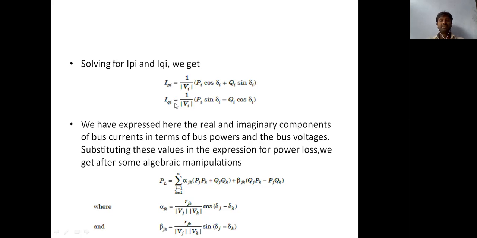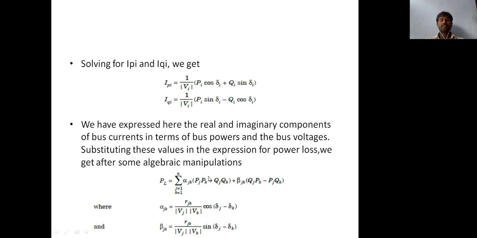So in this expression, the real and imaginary components of the bus currents are in terms of bus power: P and Q are the bus powers, and Vi is the nodal voltage. Substituting those values in the power loss expression, after some algebraic manipulation we get PL equal to the summation over j equal to 1 to n and k equal to 1 to n of alpha jk (Pj Pk plus Qj Qk) plus beta jk (Qj Pk minus Pj Qk).